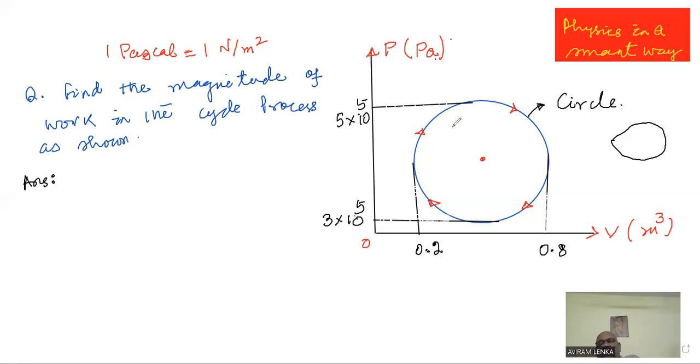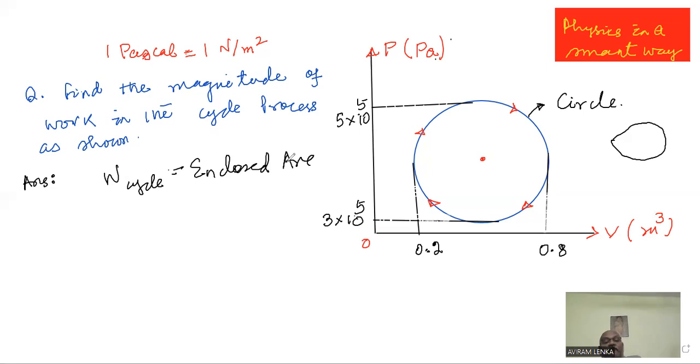Otherwise, in some of our videos I'll be explaining the cyclic process. Work done in a cyclic process, or work done in a cycle, is the same as the enclosed area.